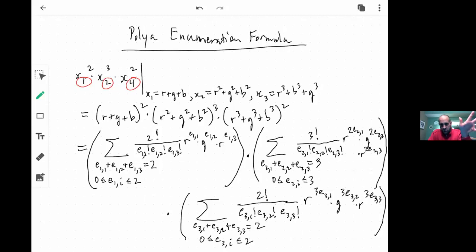You would have a product of a bunch of multinomial coefficients, one coming from that first factor, another from the second factor, and a third from the third factor, if we were to multiply this whole thing out. But we could definitely do that if we really wanted to.